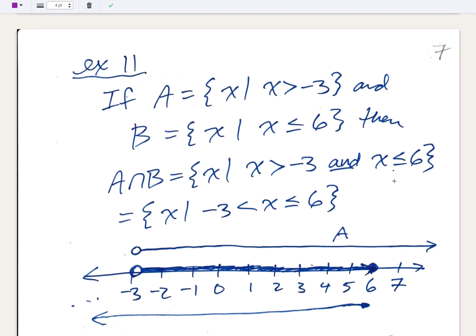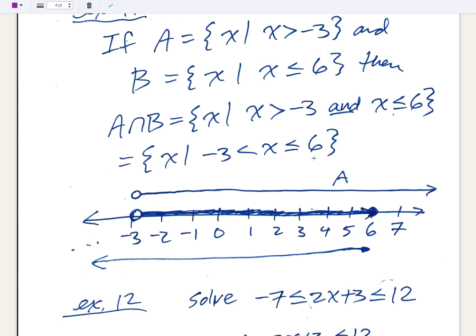Let me jump down here. Here's A. I've kind of graphed it so it's floating above the x-axis, but that's what A would be. And here is what B would be. I didn't label that, sorry. This is B here, the set of all values of x which are less than or equal to 6. So I've written that below.